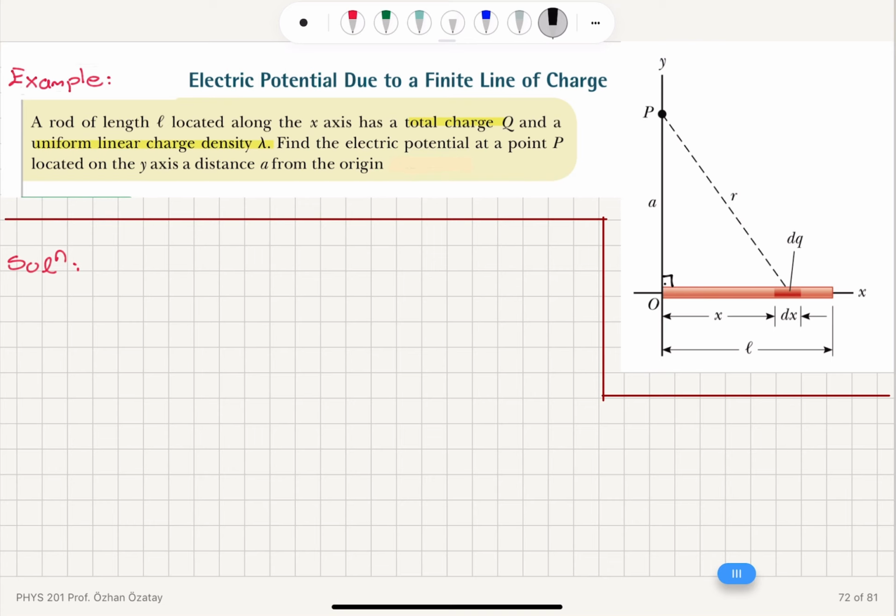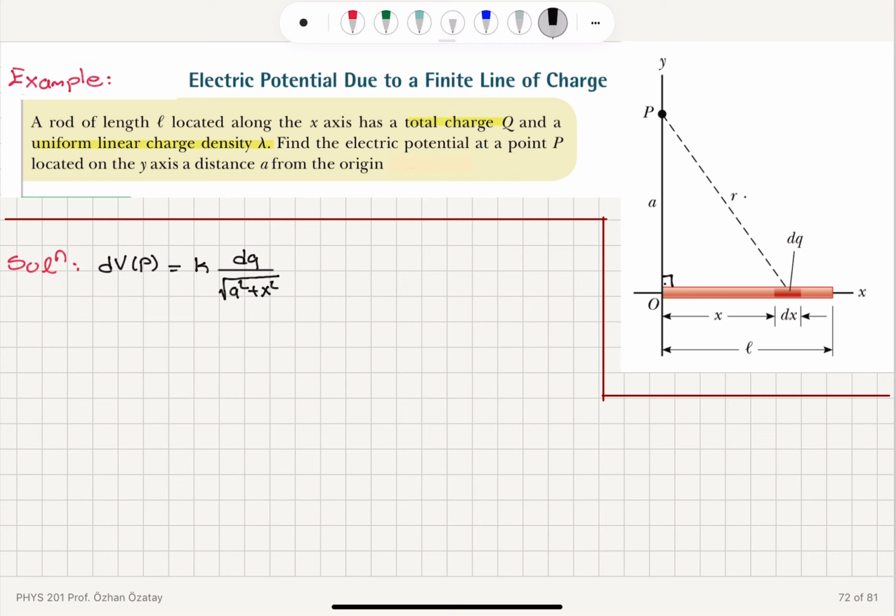Okay, so let's start with writing the potential due to dq. The potential due to dq at point P is k dq divided by square root of a squared plus x squared. That is basically our r.